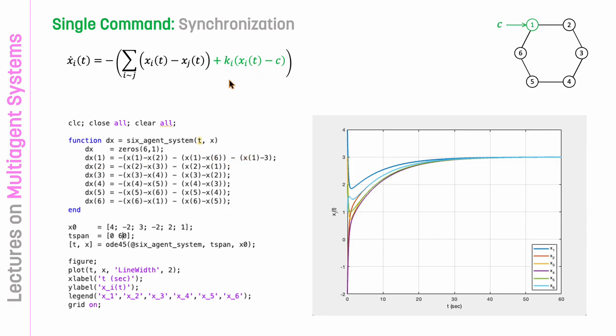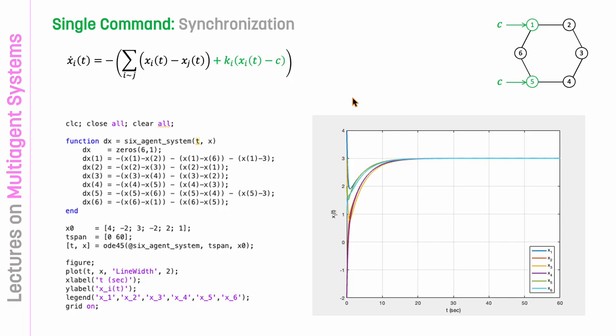Like you see in this code, this green added term affects the dynamics of agent number 1, the leader agent, and as expected, the convergence now is to 3, this C is 3. While only agent 1 knows the external command, still all agents synchronize their states with respect to 3, the applied command C, in this synchronization dynamics case.